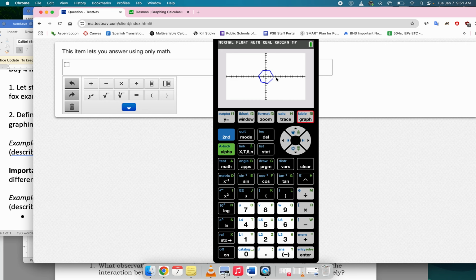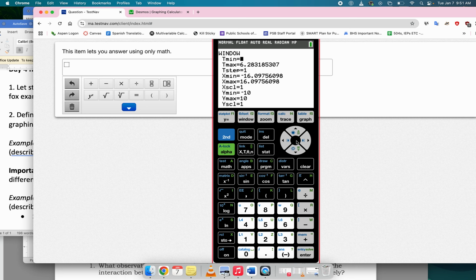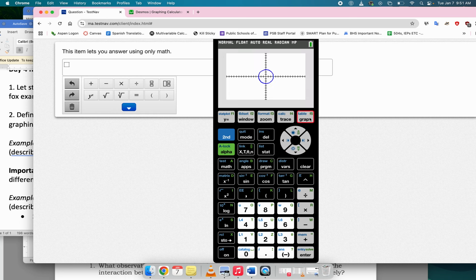If you're not plugging in enough values of t, it's going to look jagged, not like a smooth curve. T step controls the increment, how much t goes up by each time. So it should be a pretty small value, and that'll give you a smooth curve. If you make it too small, though, it'll wind up plotting 1,000,000 points and take a long time, so you've got to find a happy medium.